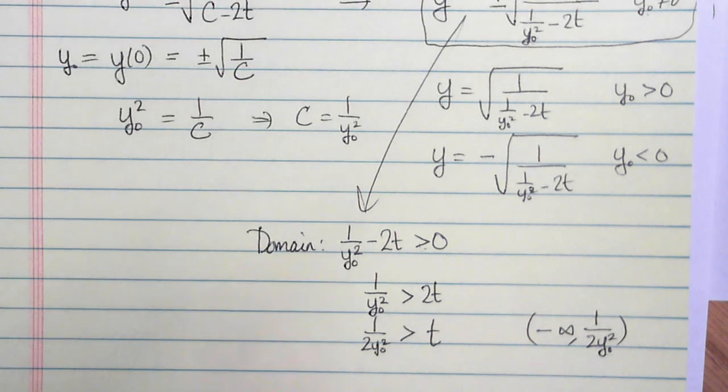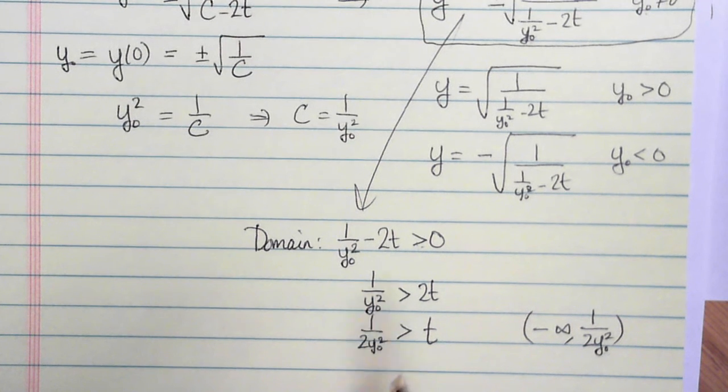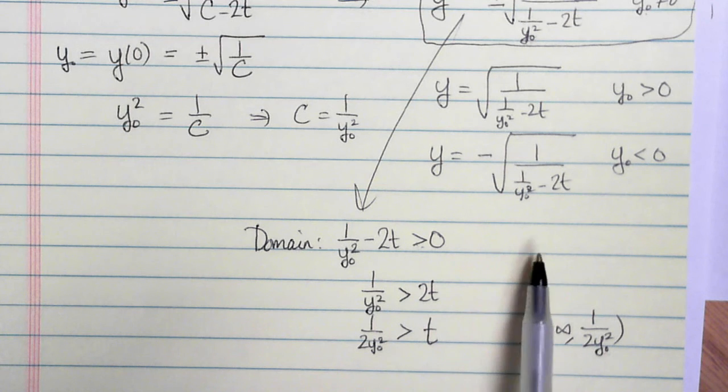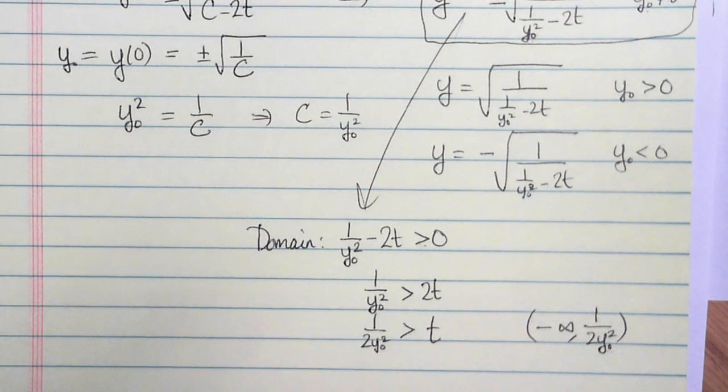Okay, so the moral of the story is that the domain of the solution of an initial value problem can depend on the initial condition if the differential equation is not linear. If the differential equation is linear, then we have some theorems that say that the form of the differential equation allows us to predict where the solution is defined. For a nonlinear case, all bets are off, and we actually have to do the solving before we can find the domain of the solution.